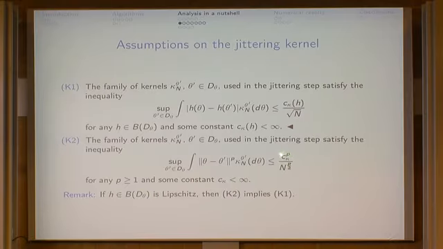So you need to have a constant over n to the power of p over 2. I'm not trying to suppress the bias or anything. I'm just saying if I want to look at second order moments, I have to control the variance. If I want to look at higher order moments, I have to control the corresponding moment for the jittering kernel. You need something similar for the function, but if you make the test function Lipschitz, then you get this automatically.